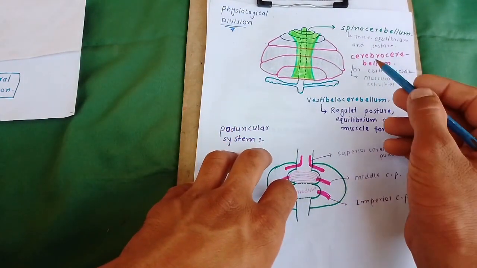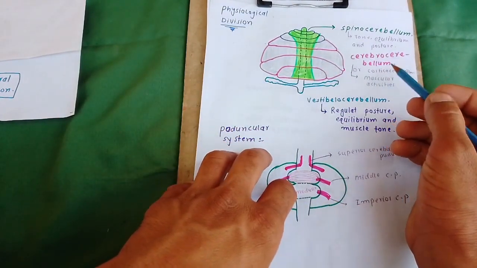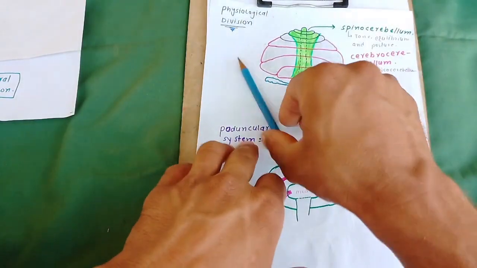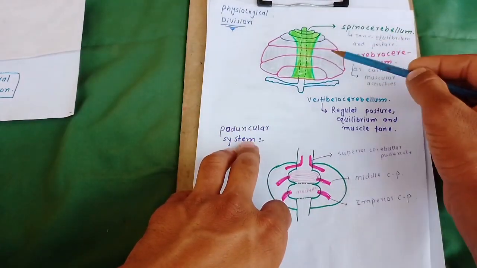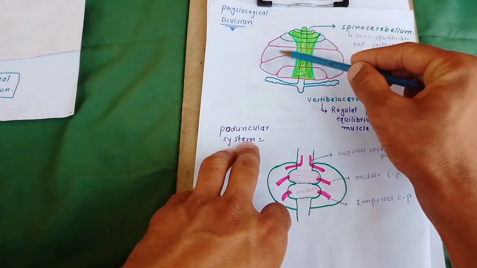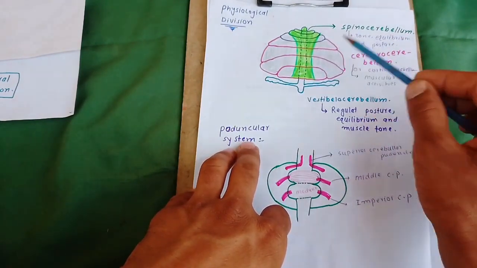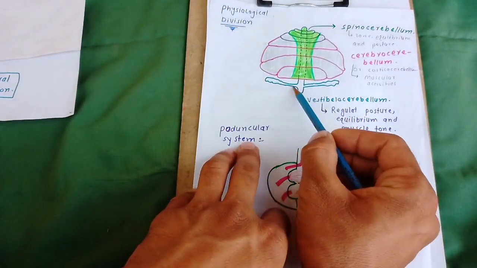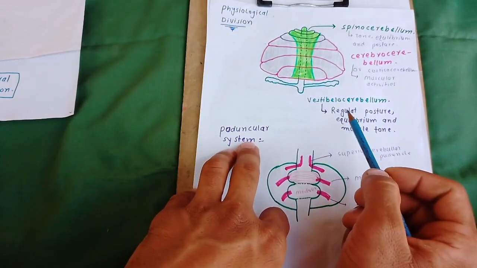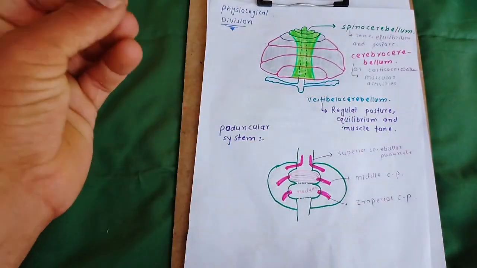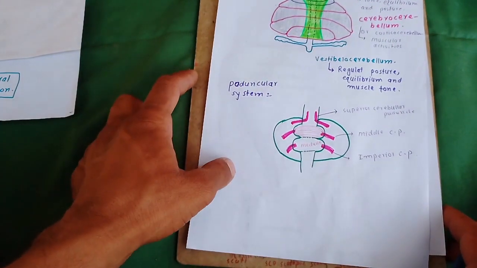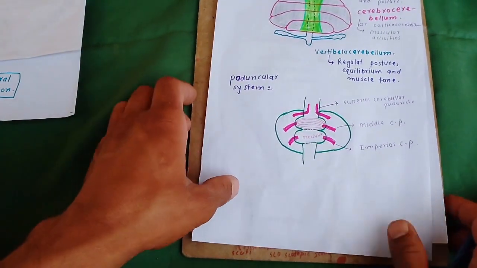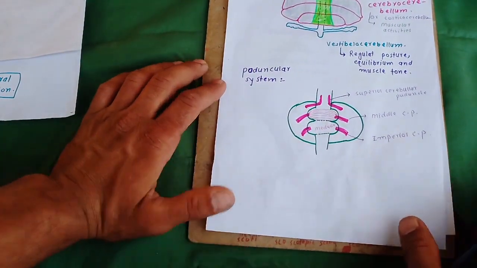This is the cerebellum. This part is the spinocerebellum, this part the cerebrocerebellum, while this one is the vestibulocerebellum. Everyone has its own function, that we will discuss just a minute later.